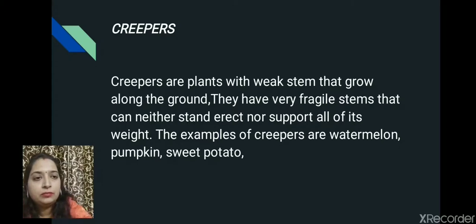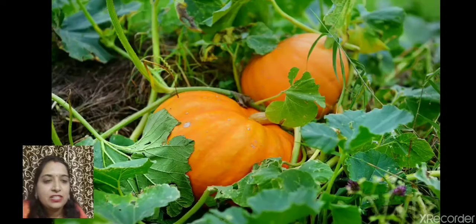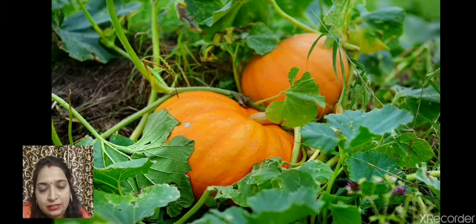Here you can see the picture of watermelon. Right? Is it a beautiful picture? Okay, the next one is pumpkin. Pumpkin and watermelon, these are different examples of creepers. So children, this is the end of different types of plants.